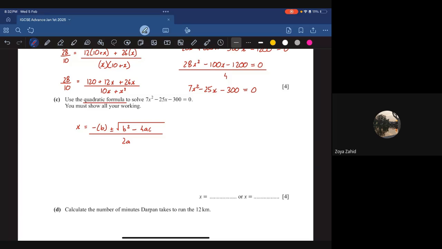So do I say the answer? Yes, sir. Okay, so I got x equals 8.57 or x equals negative 5. Sorry, could you repeat that? 8.57 and negative 5. That's it.